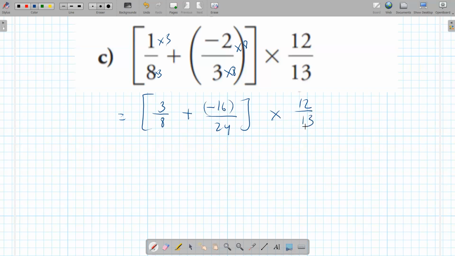Oh, sorry, there should have been a 24 here, 3 over 24. -13/24. Perfect, that's exactly what it would be. Negative 13 over 24. Now there's no more square brackets. Times 12 over 13. What now?